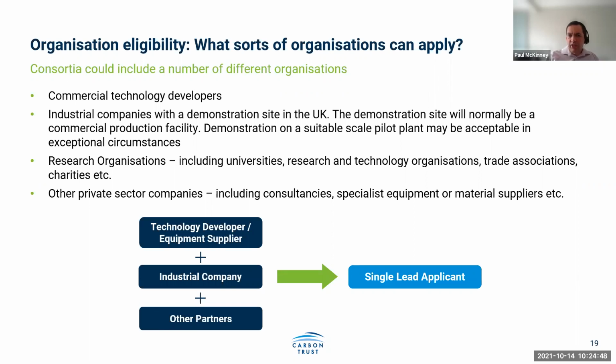Some of the consortia will include trade bodies, research organisations, universities, specialist technology suppliers. One organisation has to take the lead as the applicant. They sign the grant agreement with BEIS, and then they need their own collaboration agreement between all the parties involved.